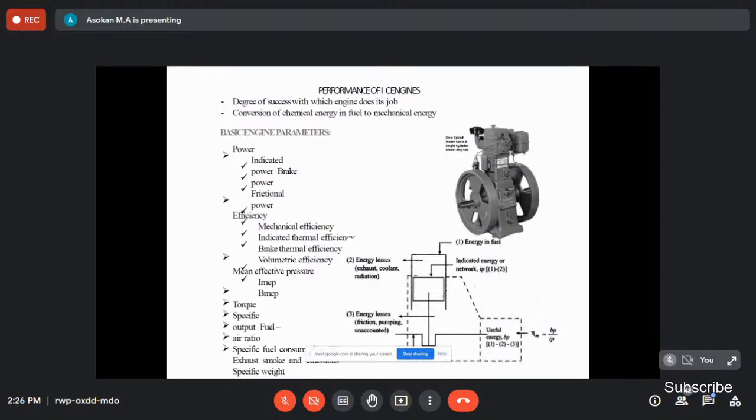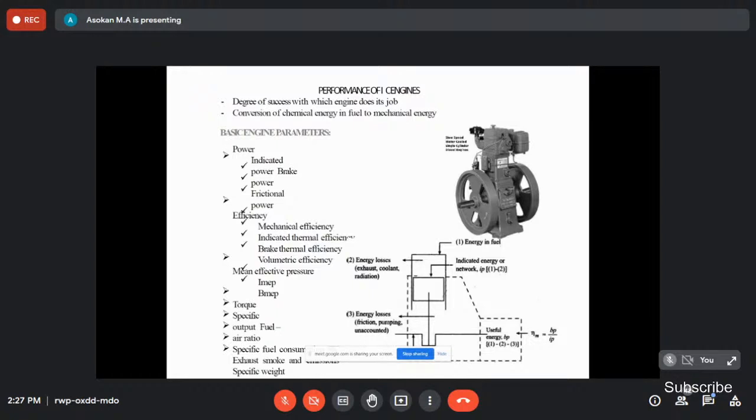Then the power is transmitted from the piston to the crankshaft. During this time, the same amount of energy is not transmitted to the crankshaft. There are some losses: frictional losses, pumping losses, and some unattended losses. So the frictional losses are gone, and what is the remaining useful energy? 1 minus 2 minus 3 is the remaining energy available at the shaft.